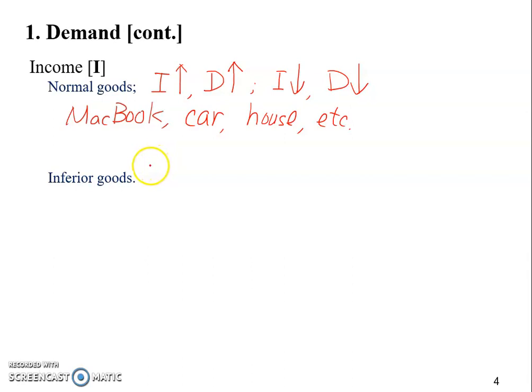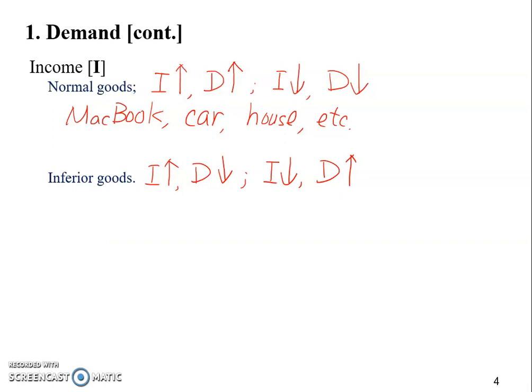Now, inferior goods means when we make more money, our demand for these types of goods or services actually goes down. Okay, vice versa, when our income falls, our demand would go up.